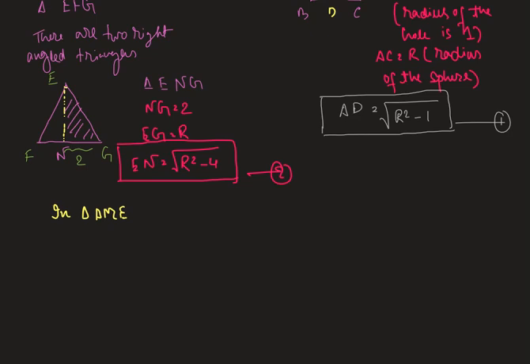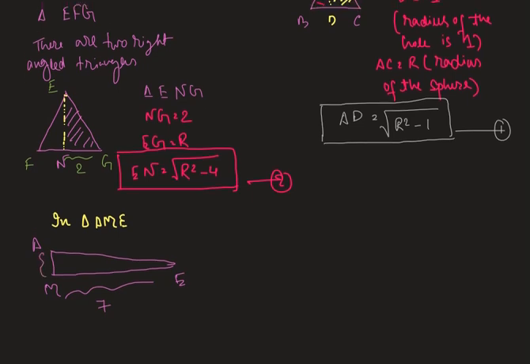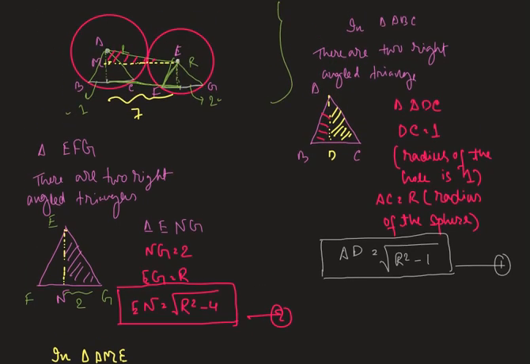In this triangle, it is also a right angle triangle with base 7 by the question, and the value of AM is the difference between AD and EN.